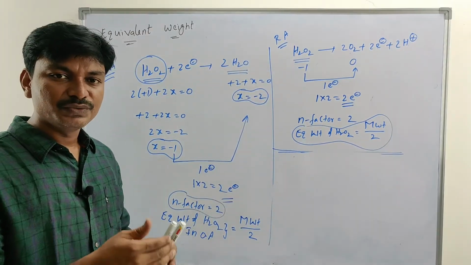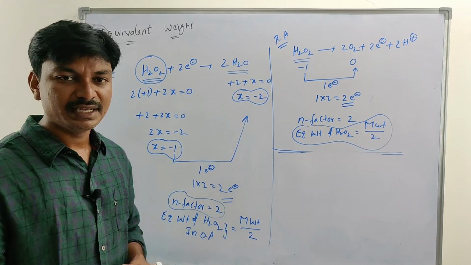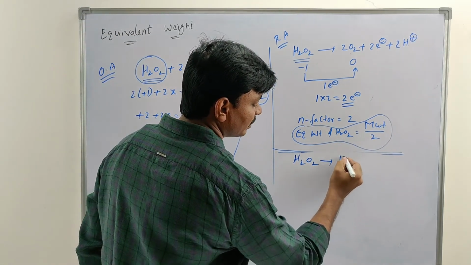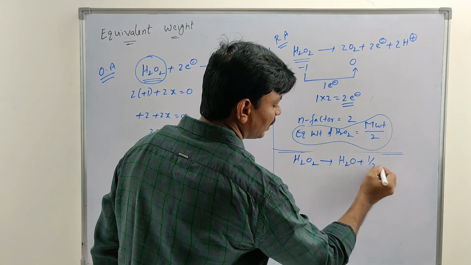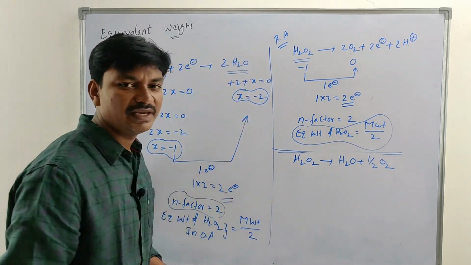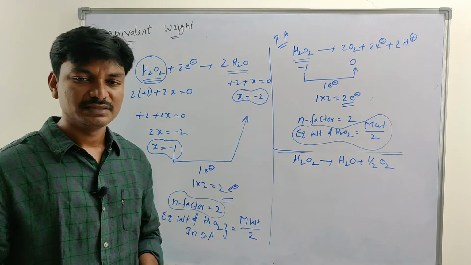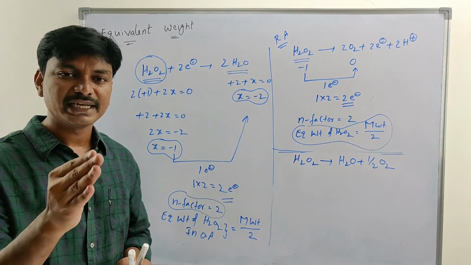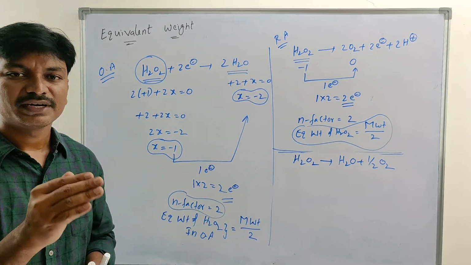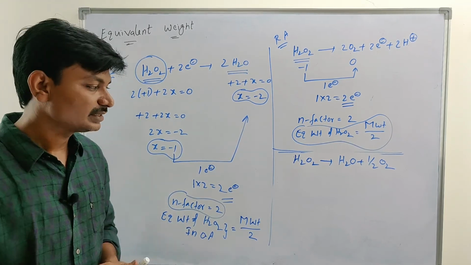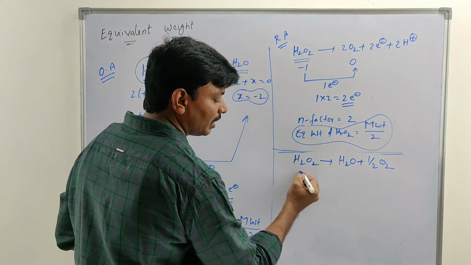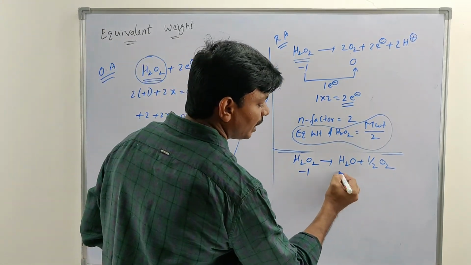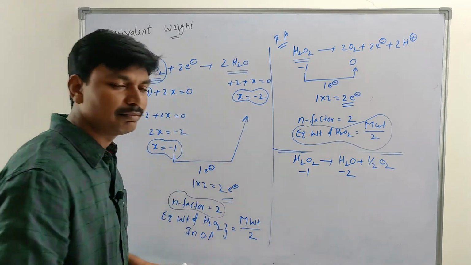Similarly, if H2O2 is involved in a disproportionation reaction, that is H2O2 gives rise to H2O plus half O2. What is the meaning of a disproportionation reaction? That is any substance simultaneously involved in both oxidation and reduction. It is one type of redox reaction. In H2O2, oxidation number will be -1. In H2O, oxidation number will be -2.